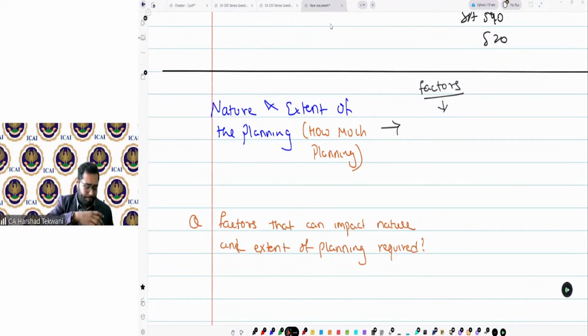Anyone? How much planning is required to be done, and in how much detail? What are those factors which can impact this area?